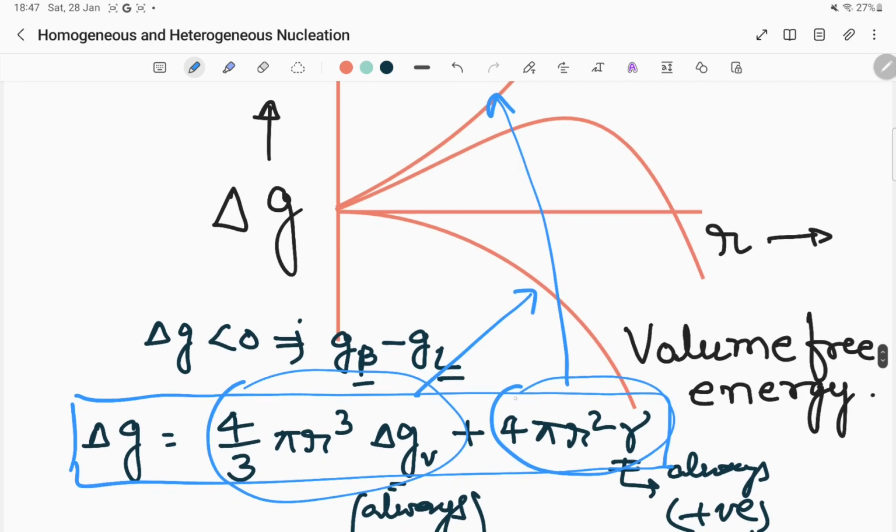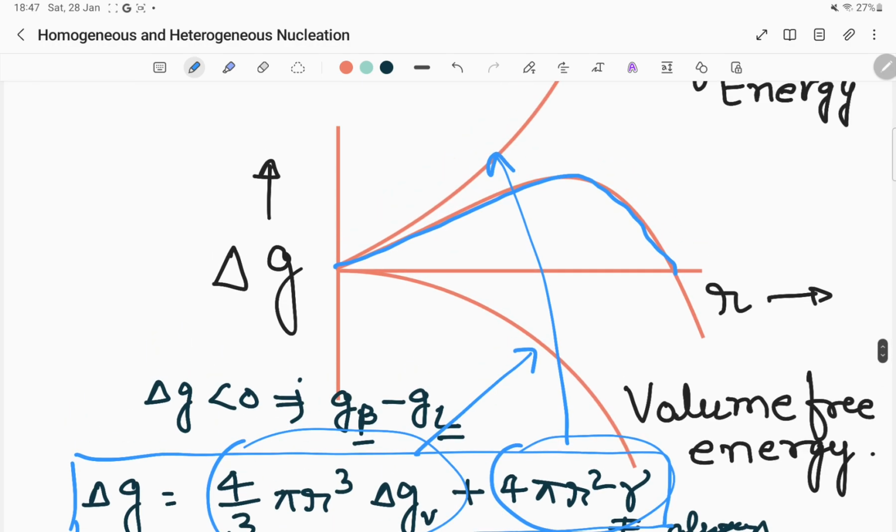And from both these curves we will get this curve which shows the activation barrier and critical embryo, that is the radius of the particles which can nucleate. So this is the maximum value which shows the R star and the corresponding value of delta G star.